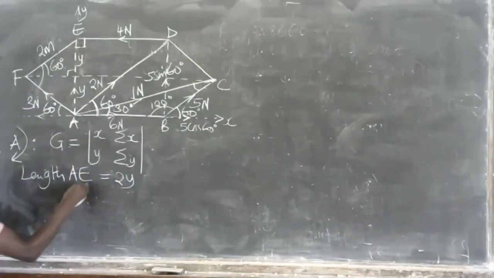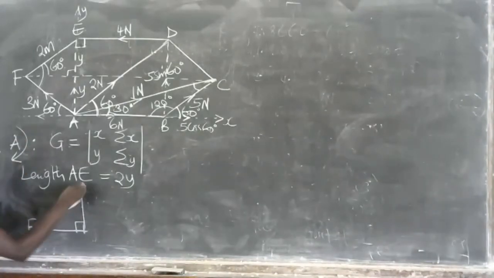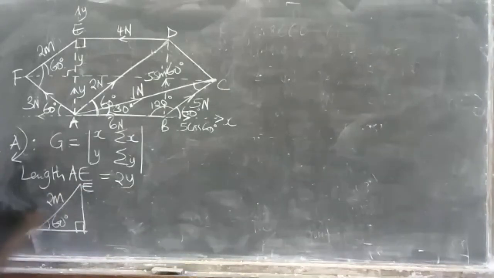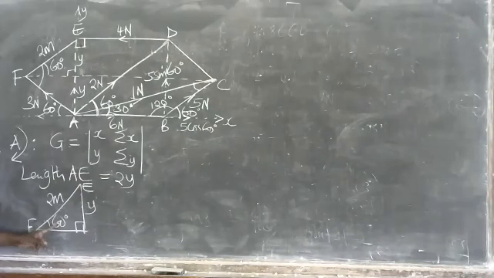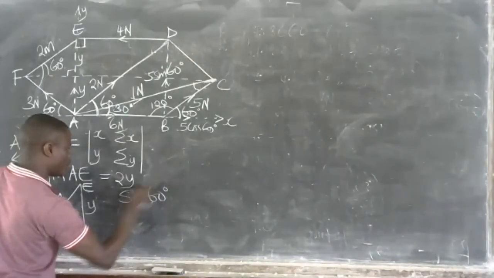How? We extract the right angled triangle. This is F, this is E, and 2 meters, then 60 degrees here. And this is length y, half of AE. This is opposite over hypotenuse. Therefore, sine of 60.